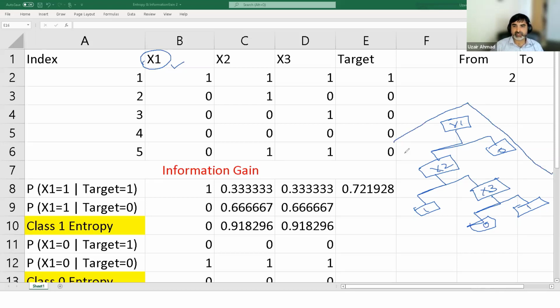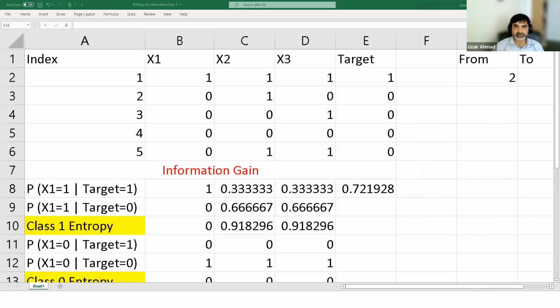When we put them in a decision tree structure like this, they will give us a decision about the class. So decision tree is our topic that we want to learn or induce. We want to induce a decision tree from data, not manually.